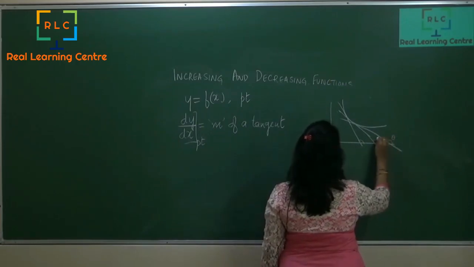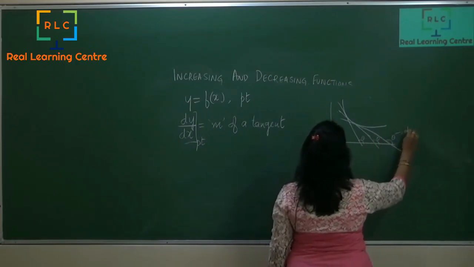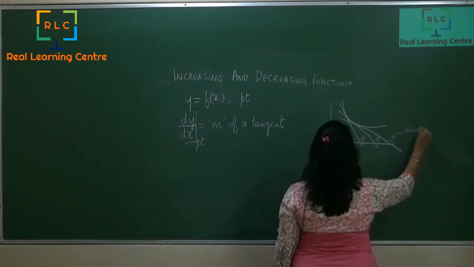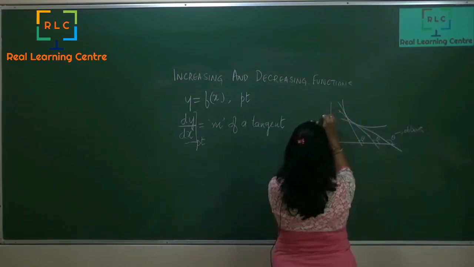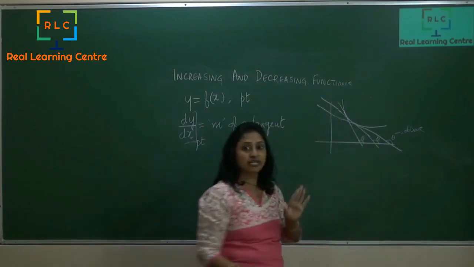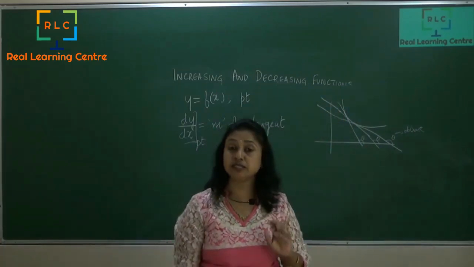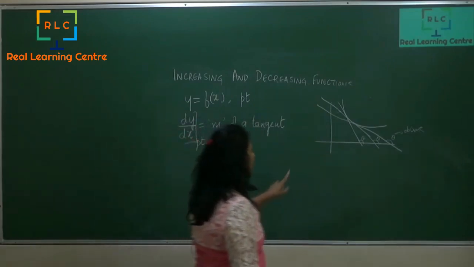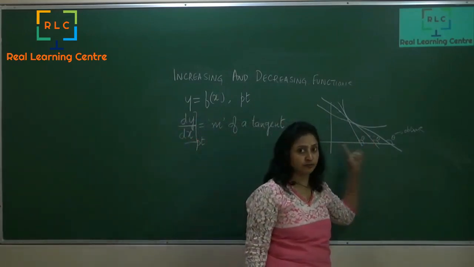So theta is obtuse here, theta are all obtuse, and you can see the tangent is lying in the second quadrant. When you extend this, it lies in the second and fourth quadrant, where tan theta is negative. So when you differentiate, dy by dx gives you the slope of the tangent.